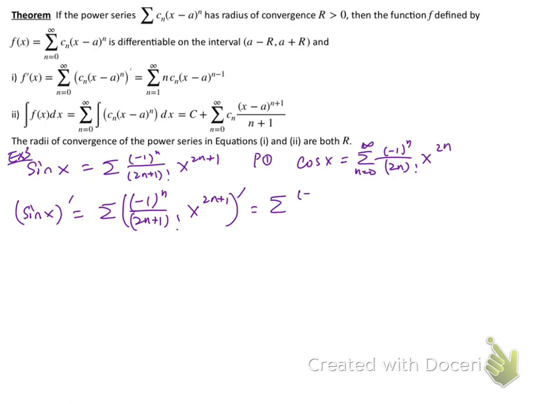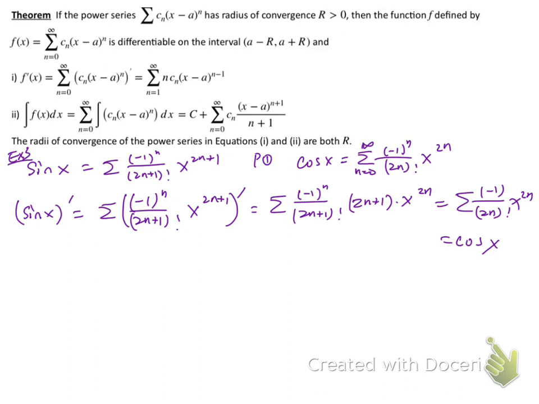You are still having the same (-1)^n over (2n+1)!, because that's only involving n. But you are going to differentiate x^(2n+1). 2n plus 1, the coefficient, then you lower the power by 1, which will be 2n. Then the (2n+1)! and 2n plus 1 cancel each other. You will have only (2n)! and x^(2n), and that's exactly what it is for cosine x. So this is cosine x.